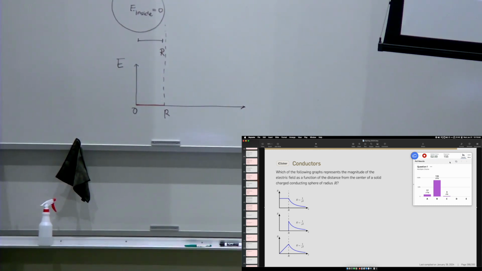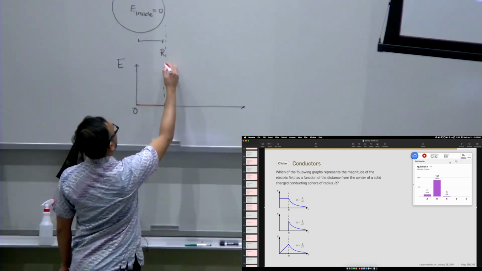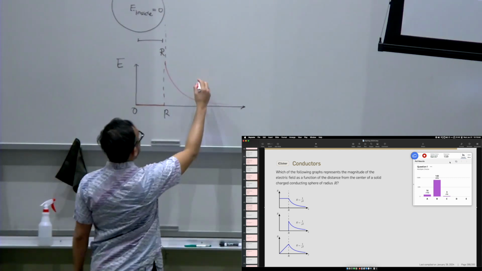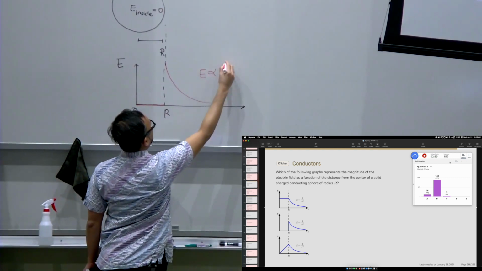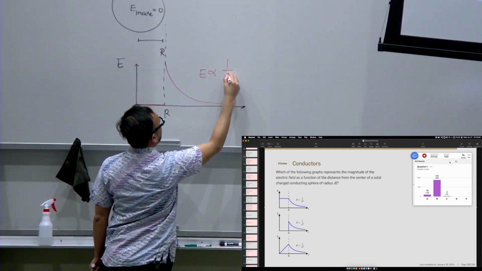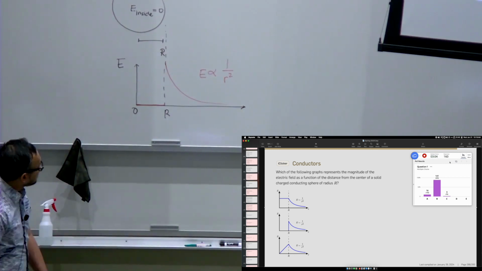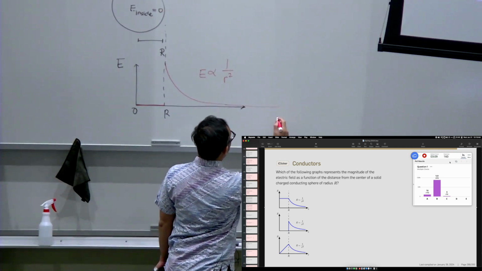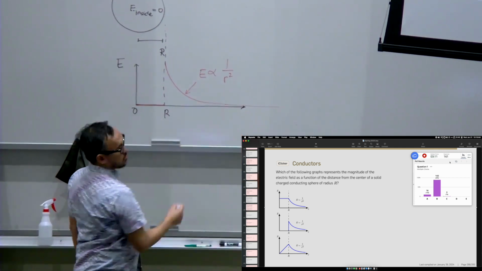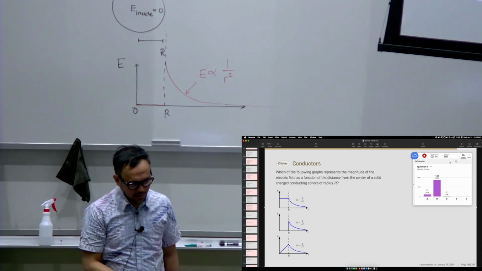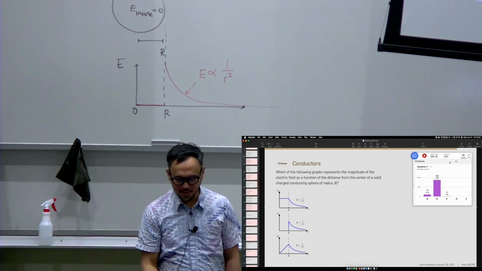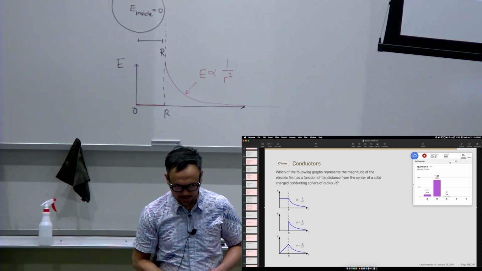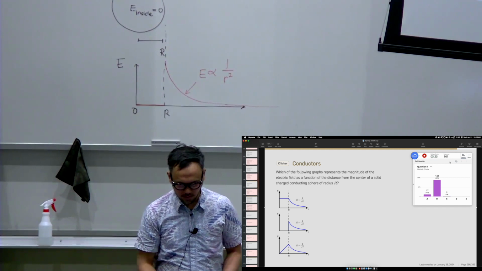Coulomb's law and Gauss's law. So it should follow like this, E is proportional to 1 over distance squared, and then it should approach 0 at infinity. So the answer is B. 30 of you need to log in the answer. So that's basically 3 points.